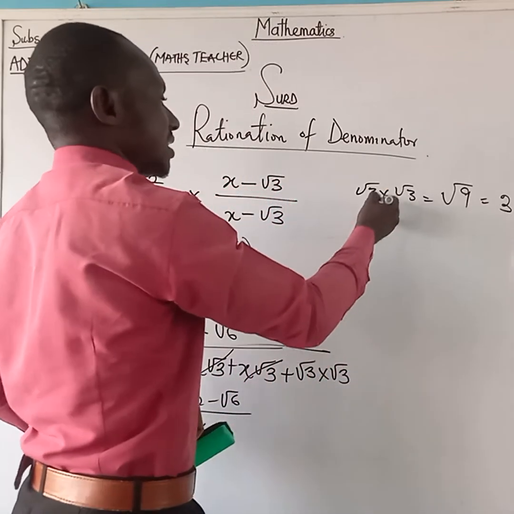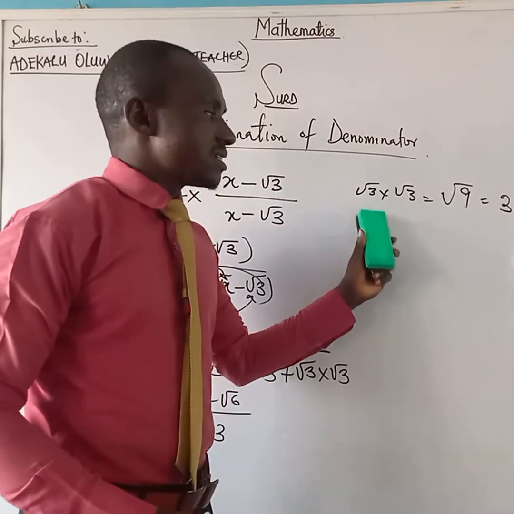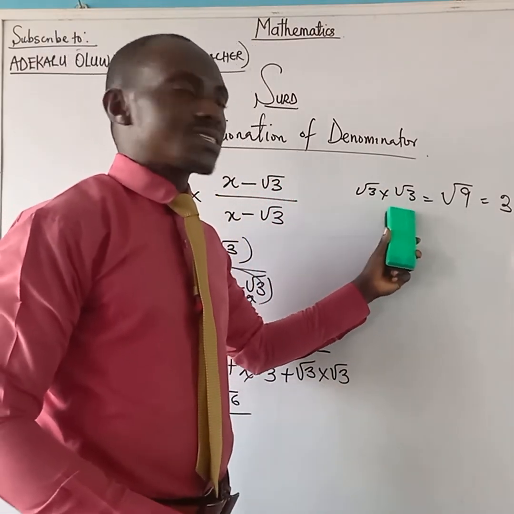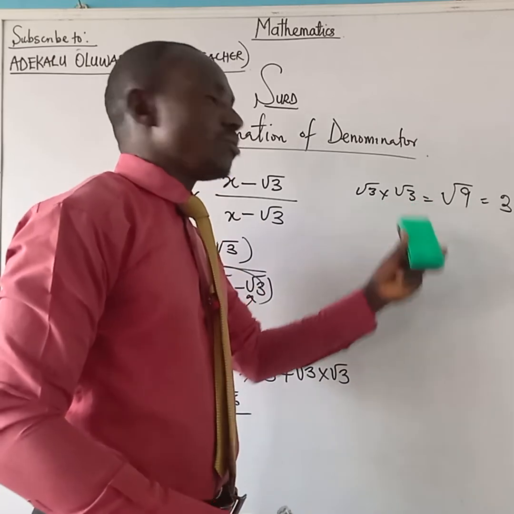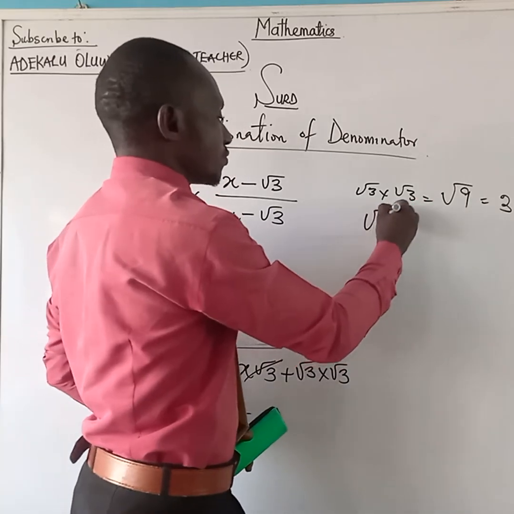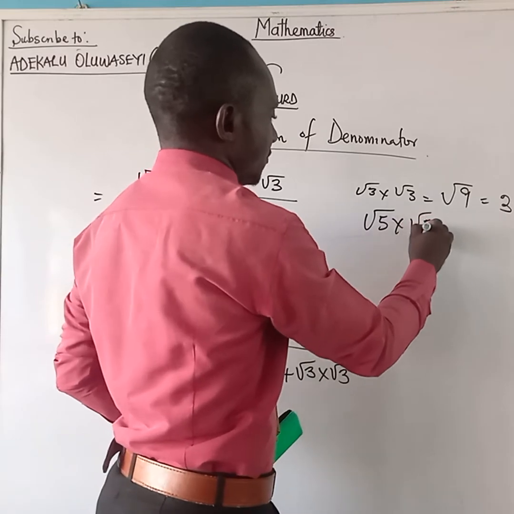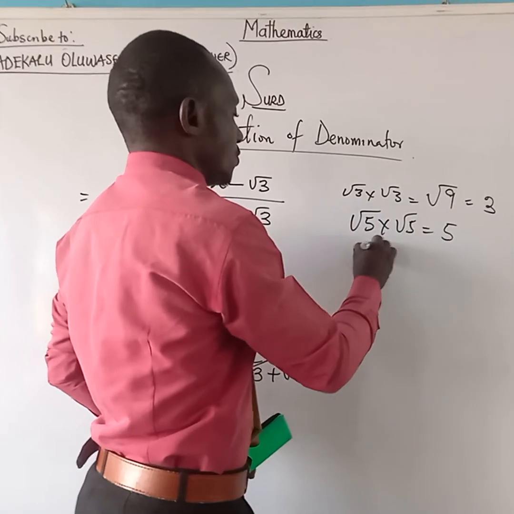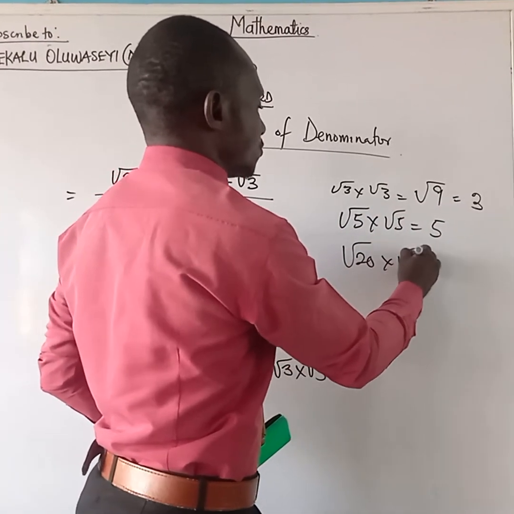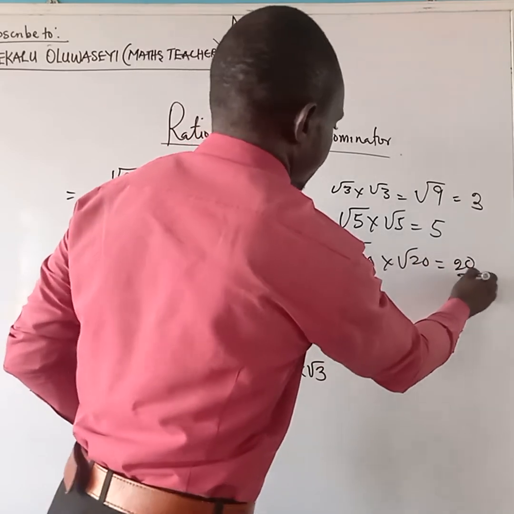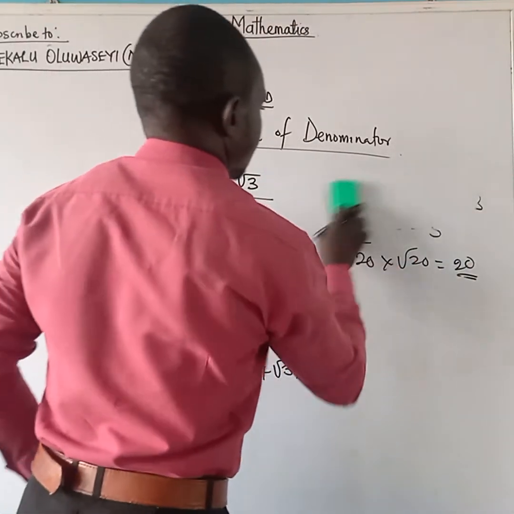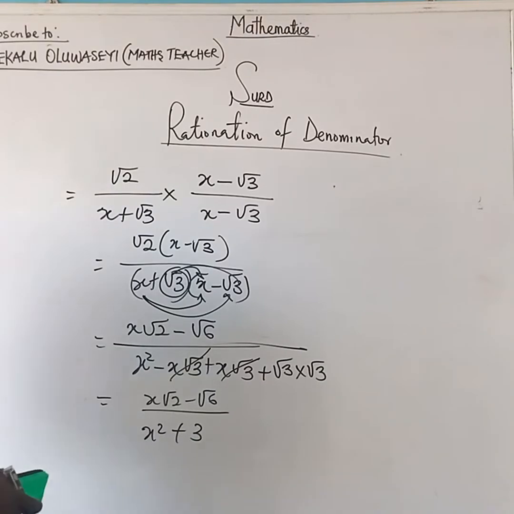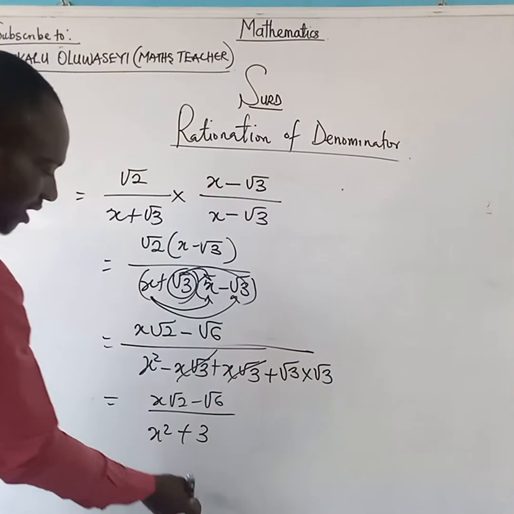So that simply means that when you are multiplying the same surd, a surd that has the same number, the answer is the number of the surd. For instance, root 5 multiplied by root 5, the answer is 5. Root 20 multiplied by root 20, the answer is 20. Please note that. So root 3 times root 3, we have 3.